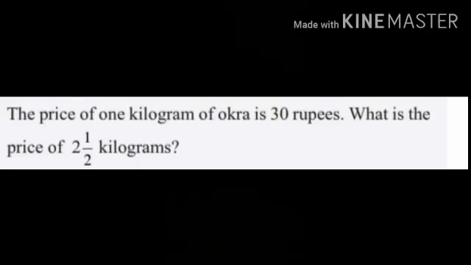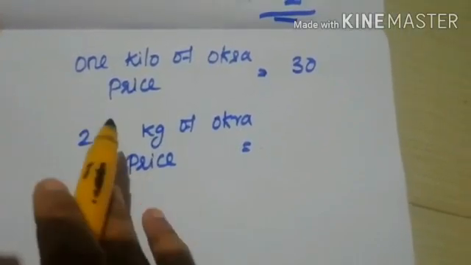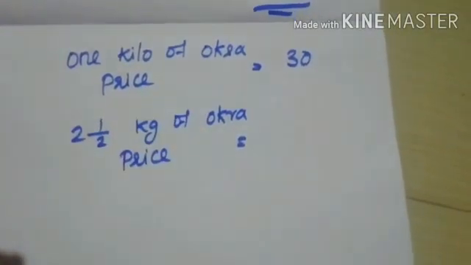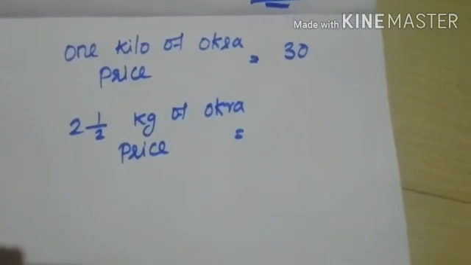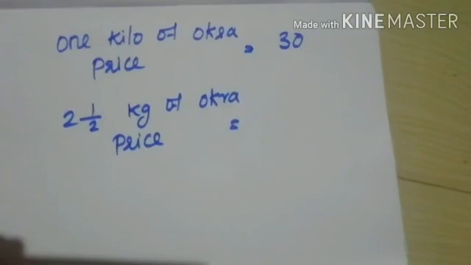Moving to next question. The price of 1 kilogram of okra is 30 rupees. What is the price of 2 1/2 kilogram of okra? From our question, we have 1 kilogram of okra price is 30 rupees. And we need to find out what is the price of 2.5 kilogram of okra.